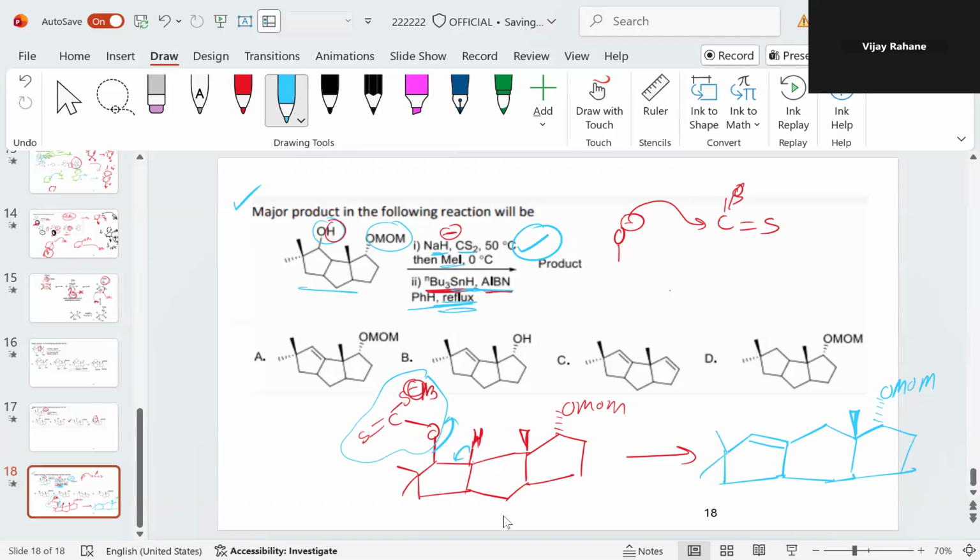So I'll just check the condition for the deprotection of this MOM group. Okay, this is not the condition, because to deprotect this MOM group, we need to use TFA. So definitely not the reaction condition.